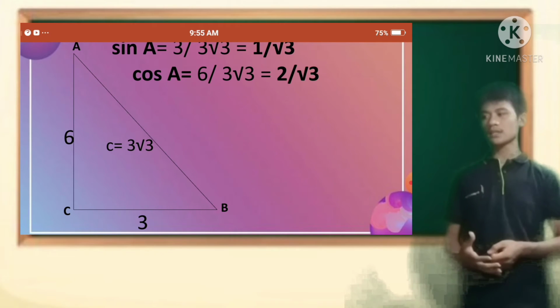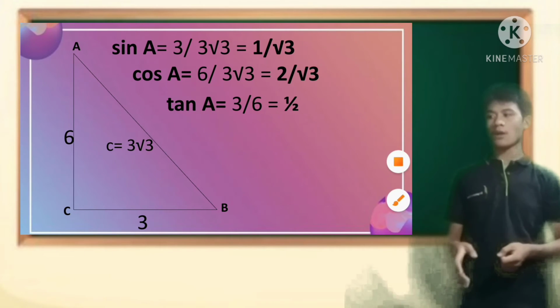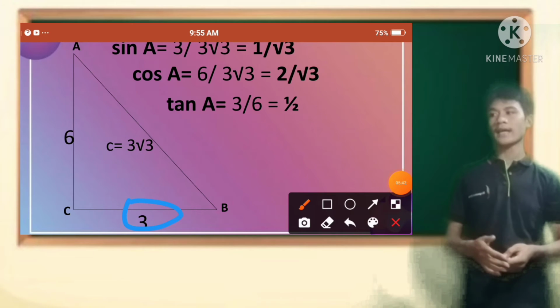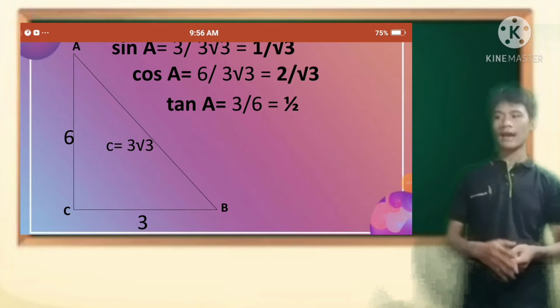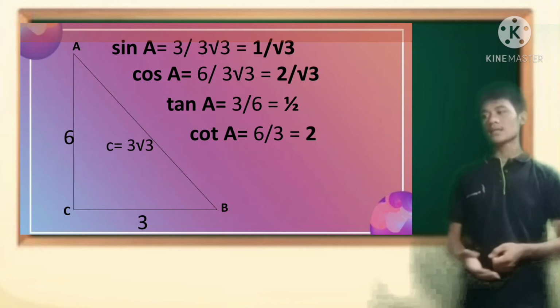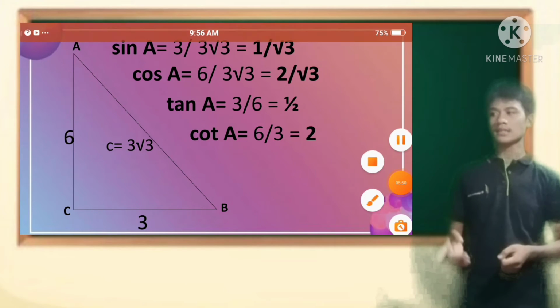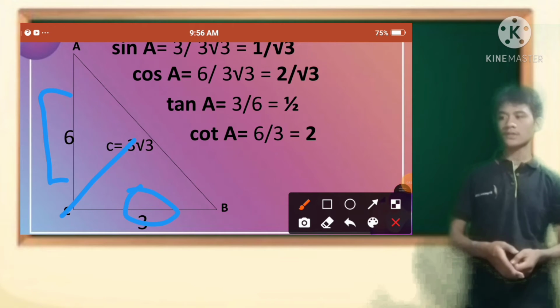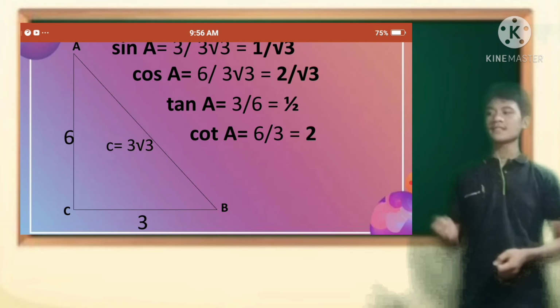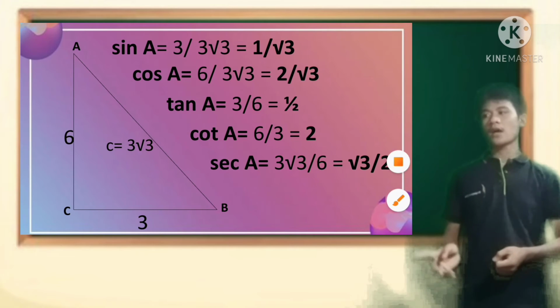For our tangent, we have 3, the opposite, over 6, the adjacent side, so we have 1/2. The cotangent is 6 over 3, since it is adjacent over opposite, so we have 2. Second is hypotenuse.